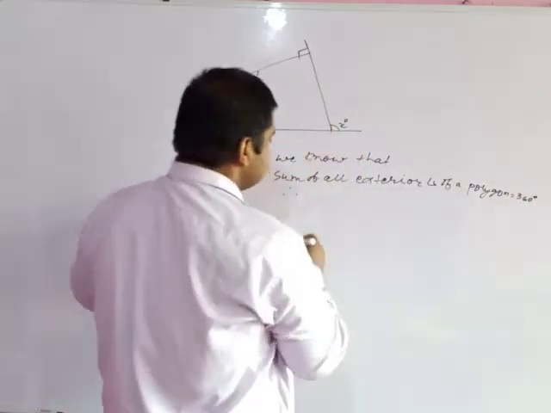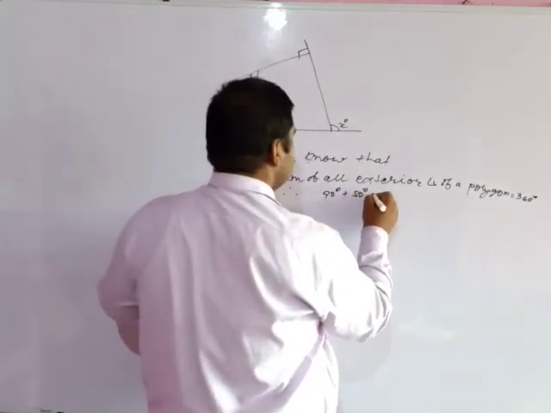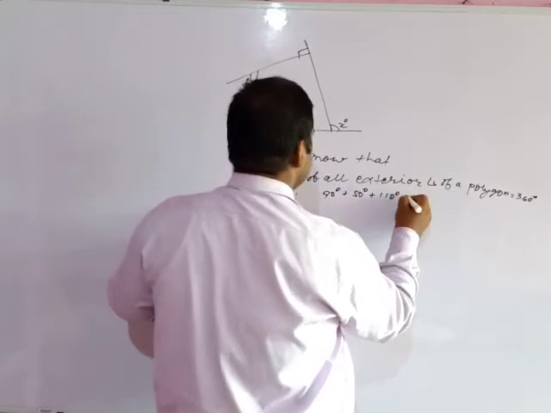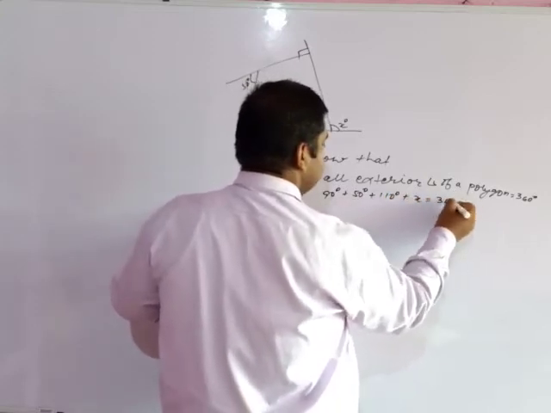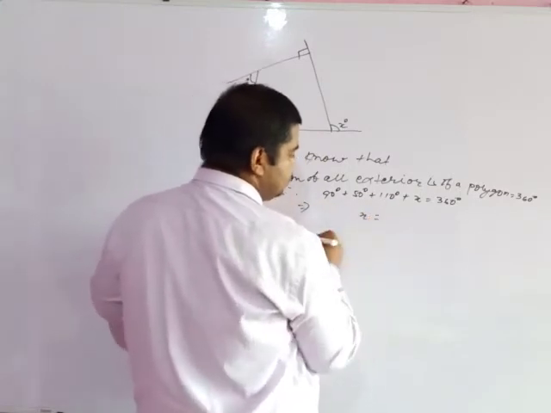Therefore, 90 degree plus 50 degree plus 110 degree plus x is equal to 360 degree. Now you are able to solve it.